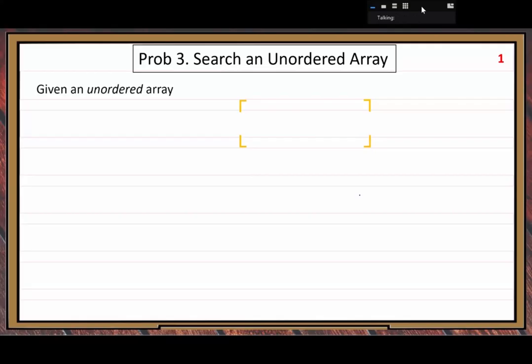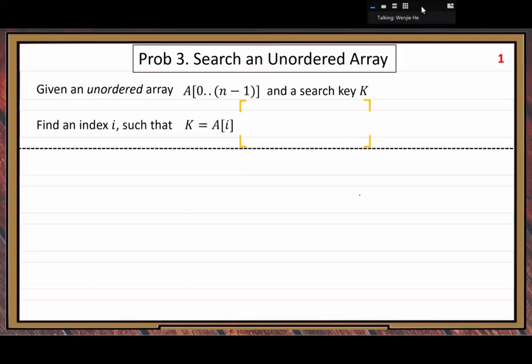Given an unordered array, that's our input data, representation capital A, with indices from 0 through n minus 1, and a search key K. This key must be given. The question: find an index I such that K equals A of I.